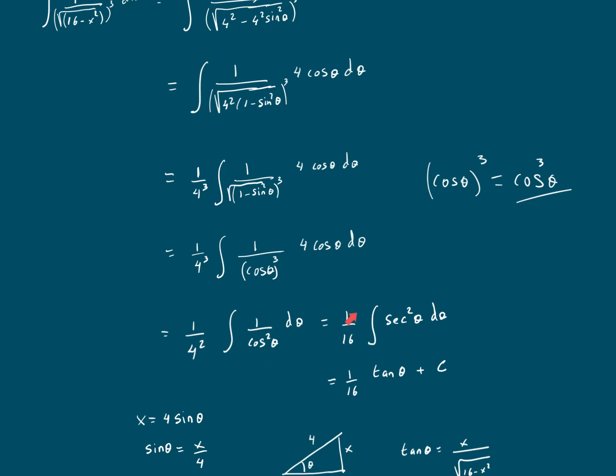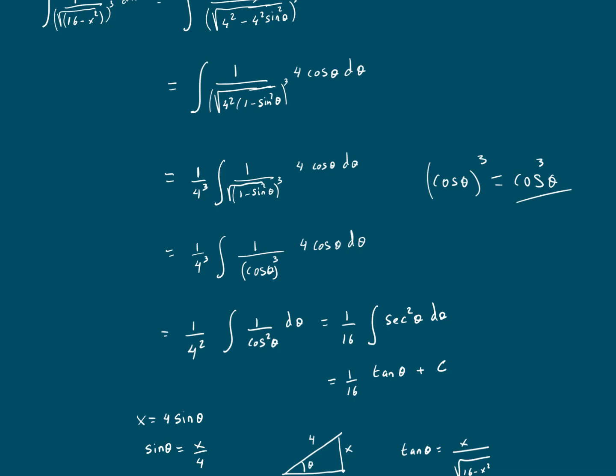So it would be 1 divided by 16 times the integral of secant squared of theta d theta. But the integral of secant squared of theta is tangent of theta, because the derivative of tangent of theta is 1 divided by cosine squared of theta, or secant squared of theta. So it will be 1 divided by 16 tangent of theta.